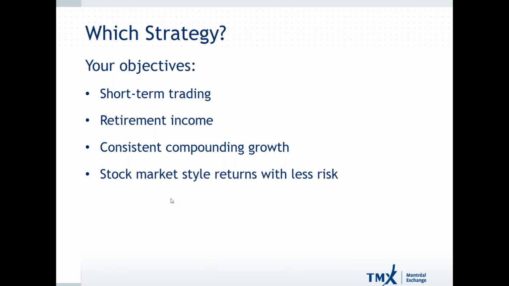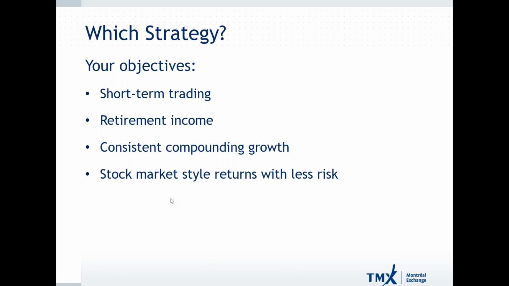Consistent compounding growth. Again, the idea is that you're holding great stocks, you're managing the risk, and every month or a couple of months you're selling those options and generating that cash flow and then reinvesting, and so forth. And from a portfolio management standpoint, the objective of any investor is really trying to generate the best returns with the least amount of risk.